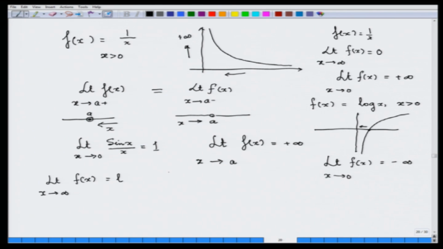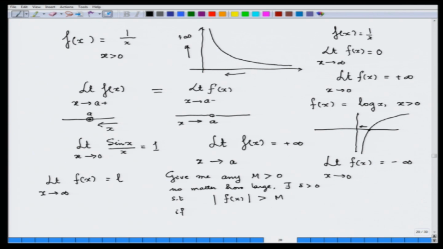What it says is: give me any M greater than 0 no matter how large, there exists delta greater than 0 such that mod of f(x) is bigger than M if mod x minus a is less than delta. I am assuming, let us say, a positive function, it does not matter.